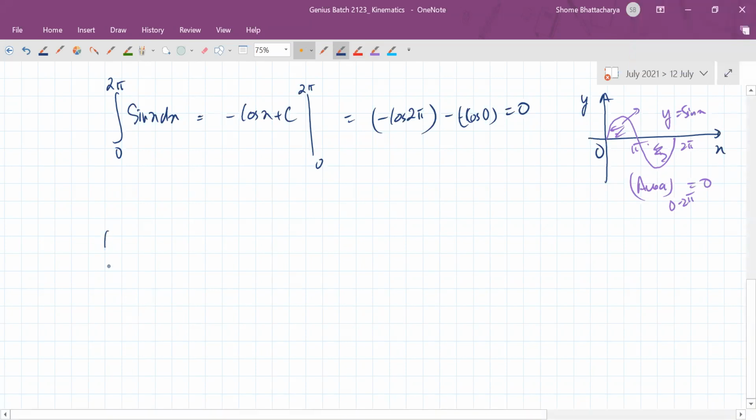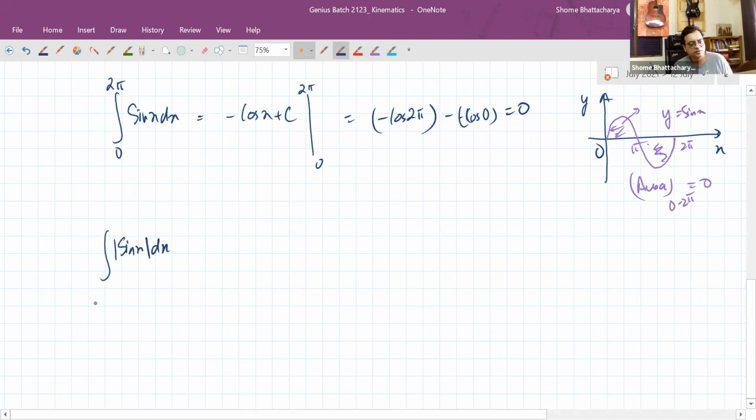Now when it comes to mod sin x, I'm doing the integration for the same limit 0 to 2 pi. So what is happening now? Mod sin x is a different function.